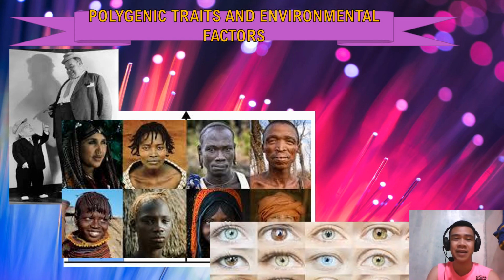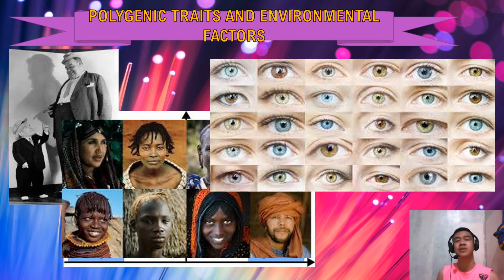Next, we have another example of a polygenic trait, which is our eye color. There are two major human eye color genes, OCA2 and HERC2, but at least 13 other genes also play a role. The colored part of a person's eye is the iris. It is a muscle that changes the size of the pupil in order to change the amount of light that is absorbed by the retina. A person's eye color is determined by the pigmentation of their irises, but also by the way the cells in their irises scatter light.